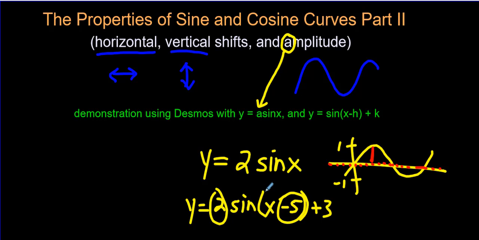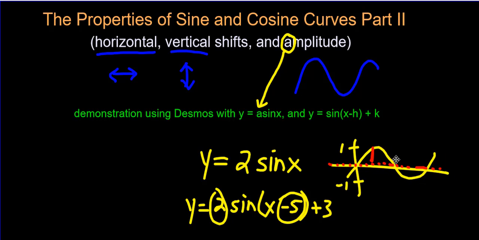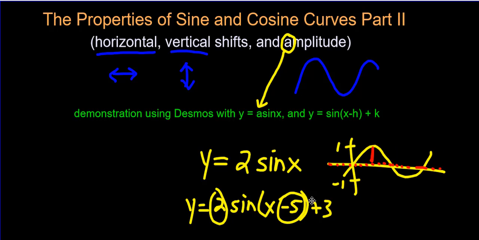The brackets, they always lie to us, if you remember that from quadratics. From parabolas, the brackets always lie to us. So this -5 is actually going to shift our parabola. It's called a phase shift. It's going to shift it 5 to the right, not 5 to the left like you might have guessed.